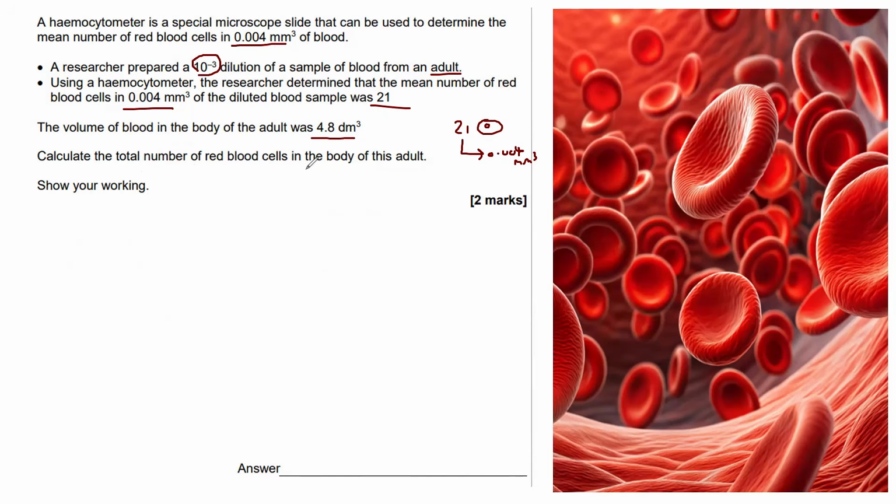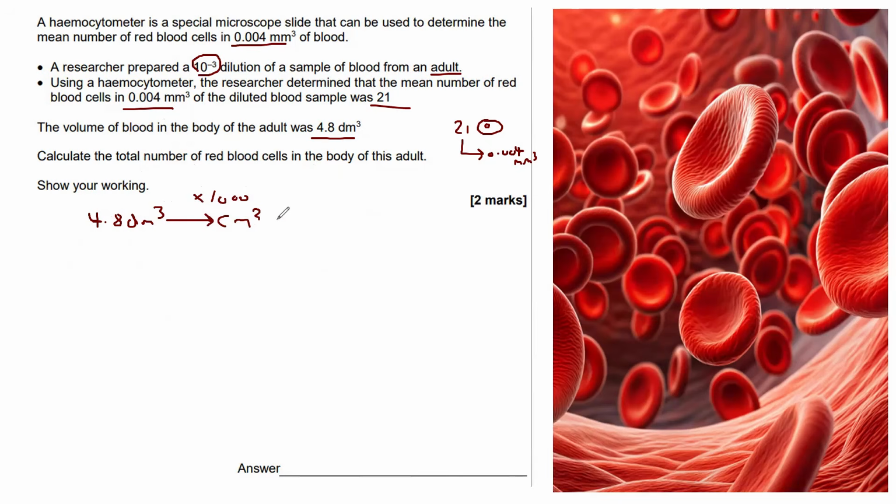Have a go. Okay, I'm going to go through the answer now. What we want to do first of all is recognize that we've got 2 different volume units here. We've got millimeter cubed and we've got decimeter. So I'm going to change this decimeter into millimeter cubed. Now, if you're a chemist, you're used to changing decimeters into centimeter cubed, and that is times 1,000.